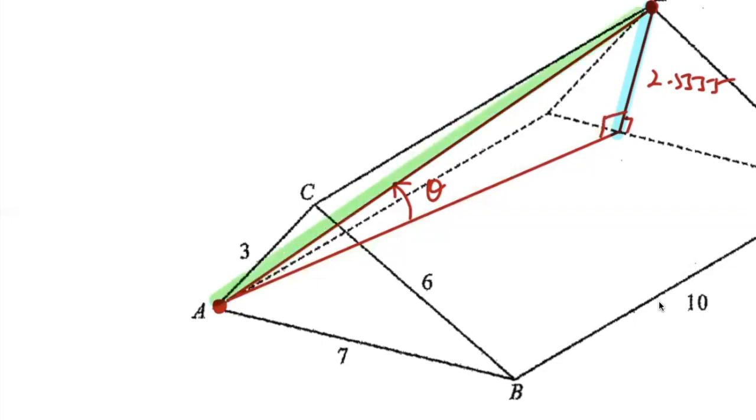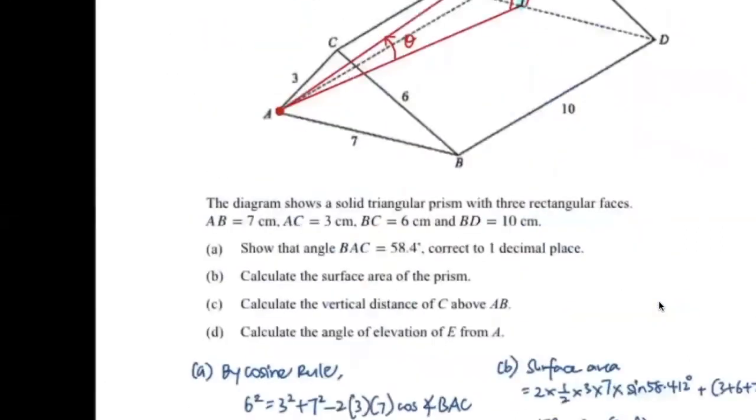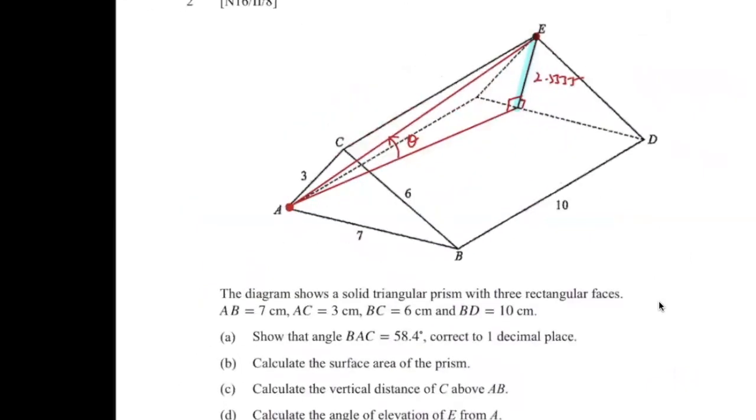How do I find this line over here? Try to picture the back rectangle that I highlighted in green. That line AE is the diagonal of this rectangle. Let me draw it separately here. This rectangle at the back, let me call it A, C, E is here.